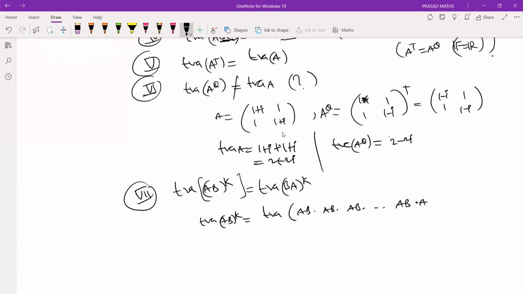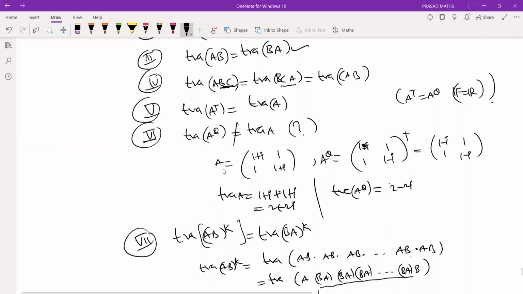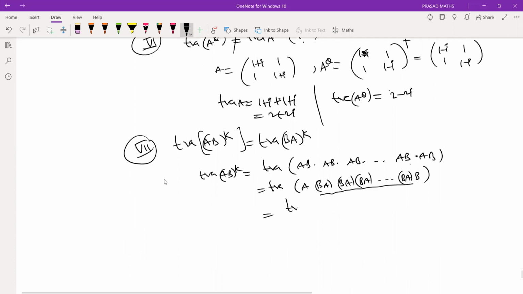This can be rewritten using the property very important, trace of AB equals trace of BA, as trace of BA, BA, BA, going on, BA into A.